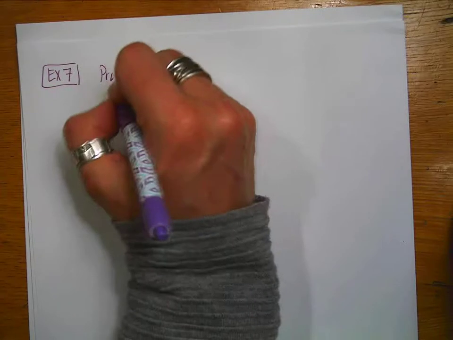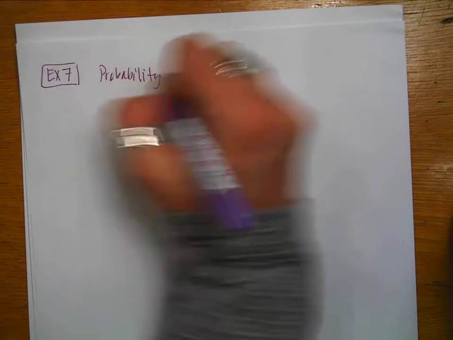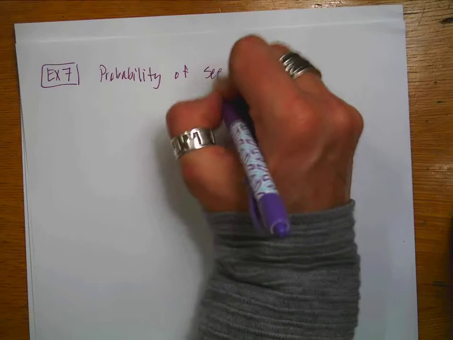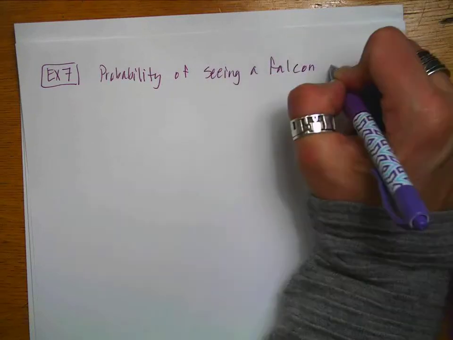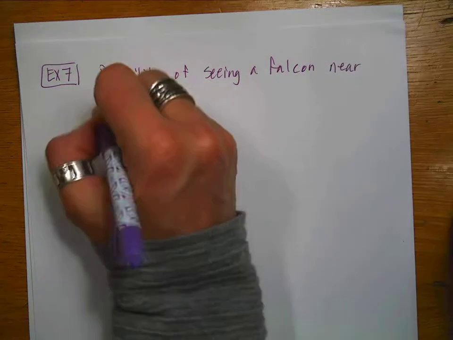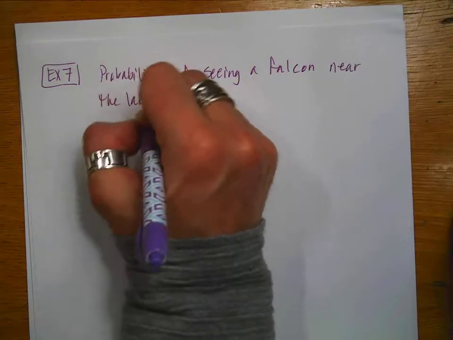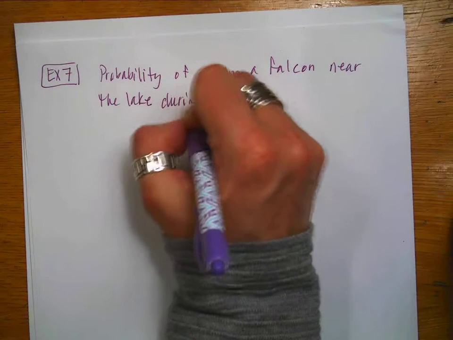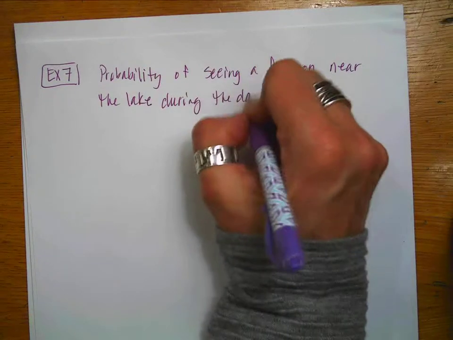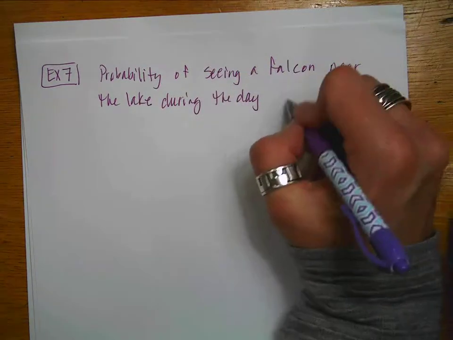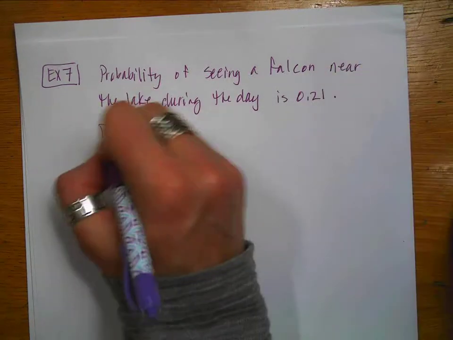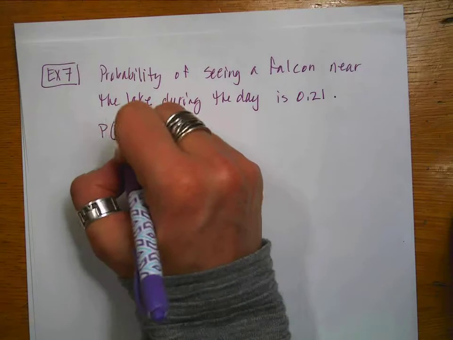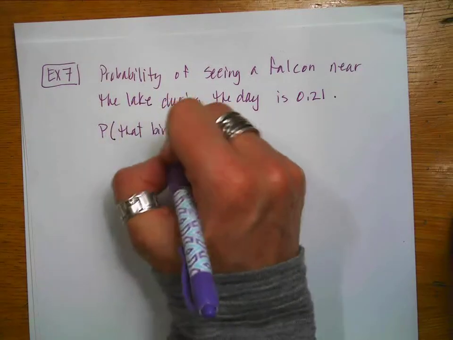Okay, so our last example, example 7. The probability of seeing a falcon near the lake during the day is 0.21.